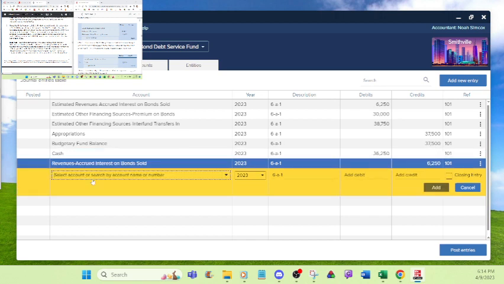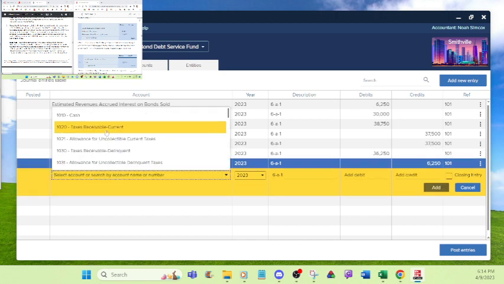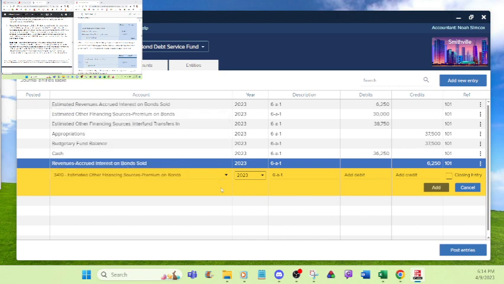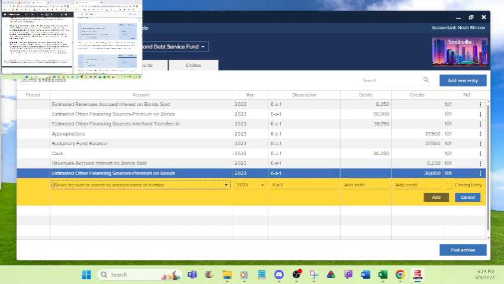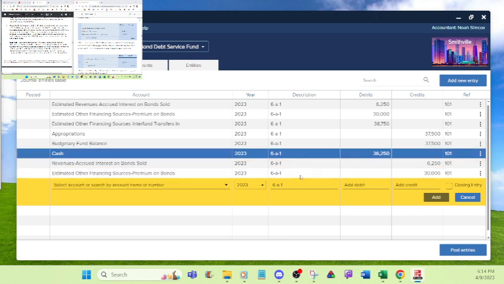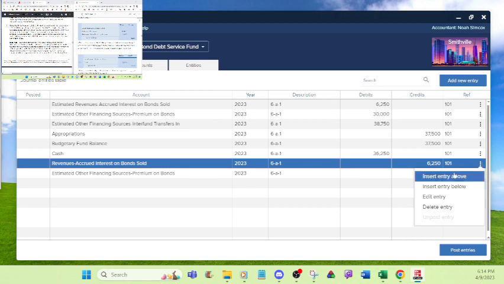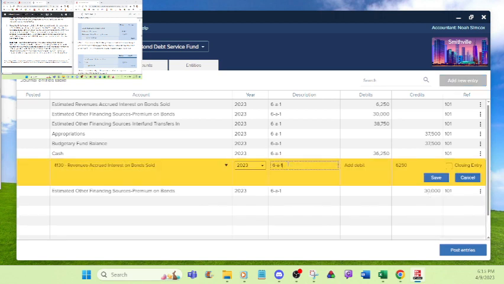And then revenue, estimate other financing sources, premium on bonds. We finished 2. Gosh dang it, I accidentally labeled it wrong. How many of these other ones have I labeled incorrectly?